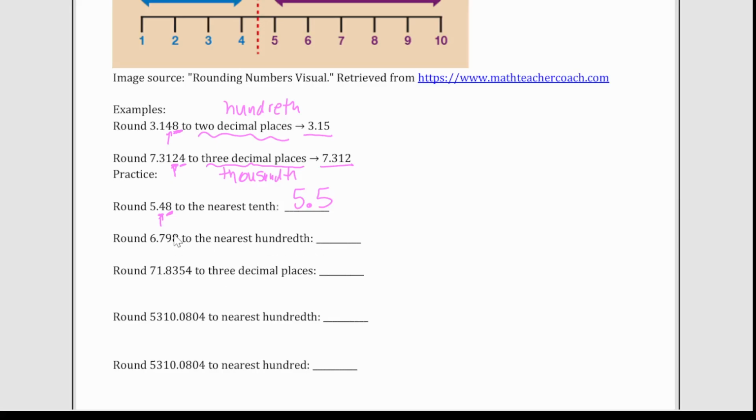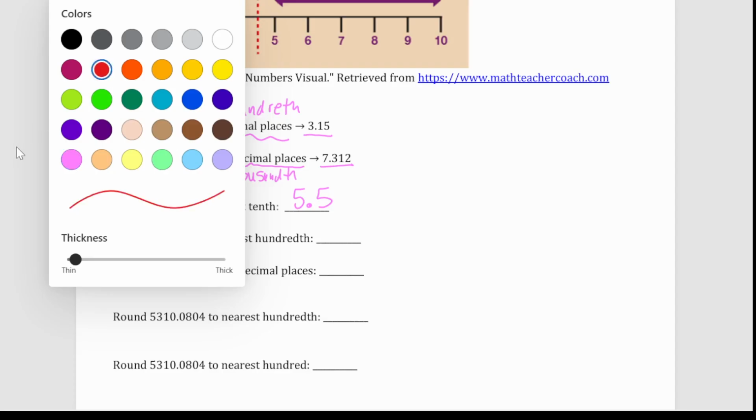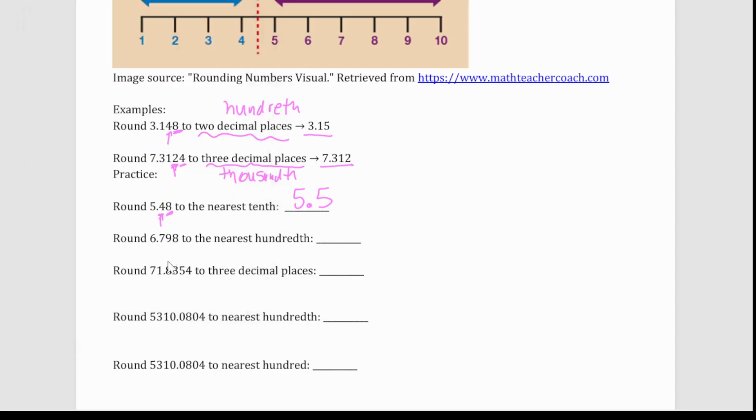Nearest hundredth, that's asking about the second decimal place, and this is actually a good example where there's a little bit of double rounding going on. And what do we mean by that? Well, second decimal place is going to be this 9. Based on the number next to him, 8, he's going to round up, but when we round a 9 up, that really rounds up to 10, right?